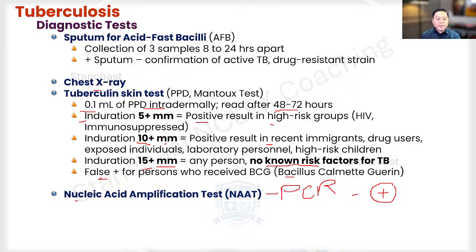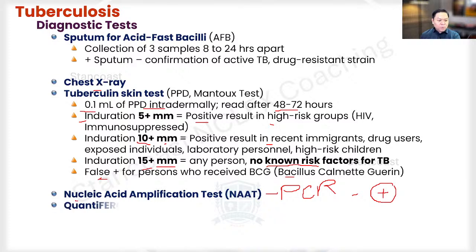And one of the advantages in this kind of testing is that it can give us faster results compared to the traditional methods, let's say the sputum or the tuberculin skin testing. And so this is really going to aid in much timelier patient management and also disease control.